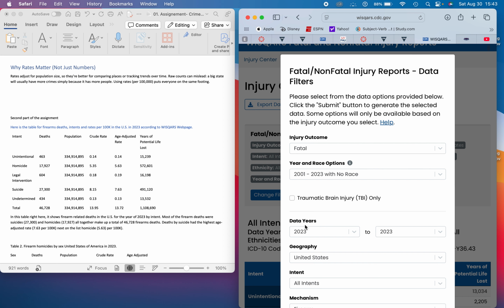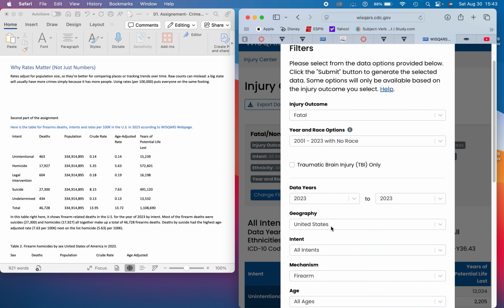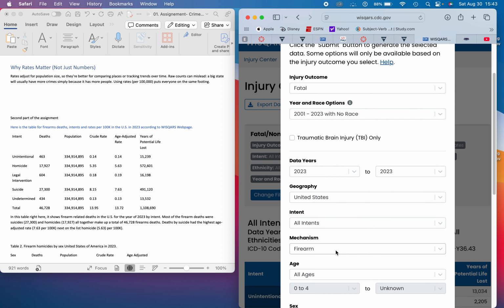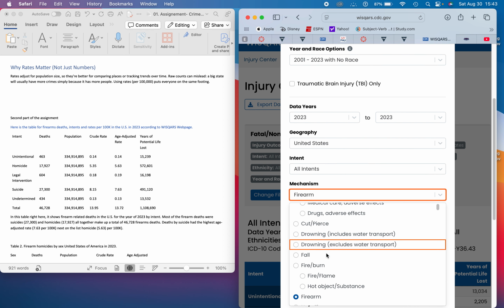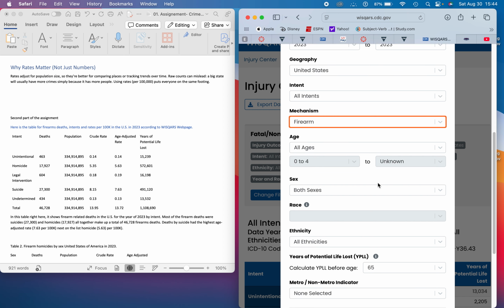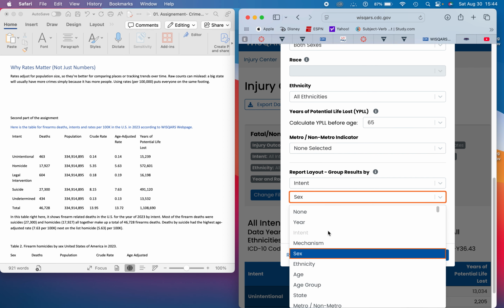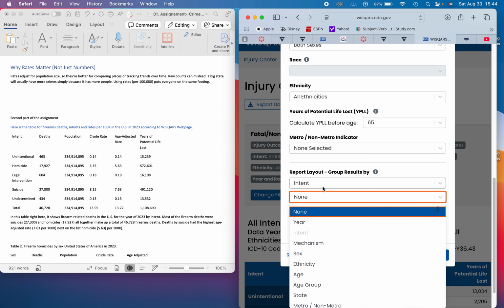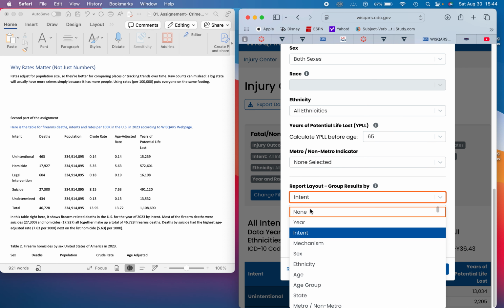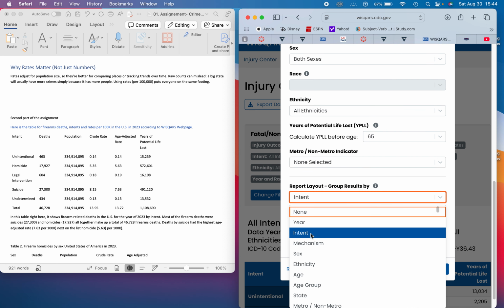No race. This is what I did. 2023, this is the year that I pick. United States, all intent, and I pick firearm. There are other options you could pick, but I pick firearm. And age, all ages, both sexes, and they're all in here. You can change this to none. Intent, none if you like, but it has to be intent.